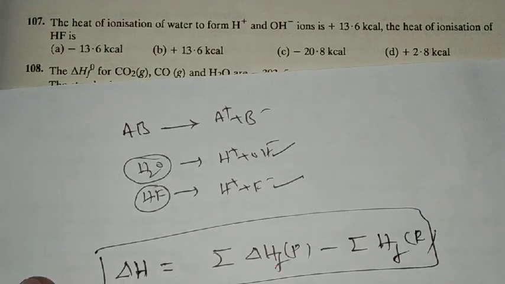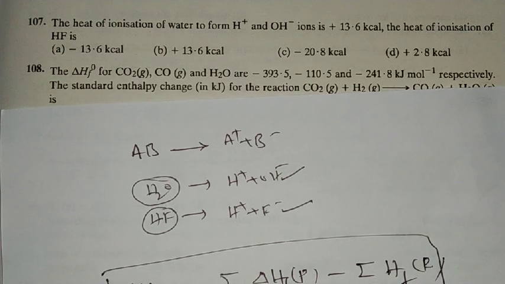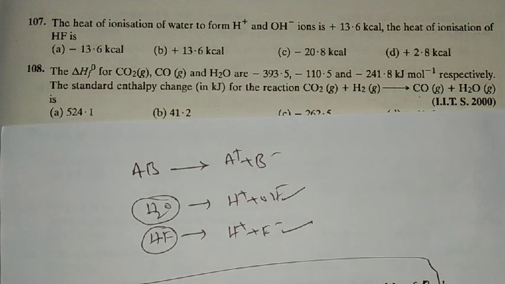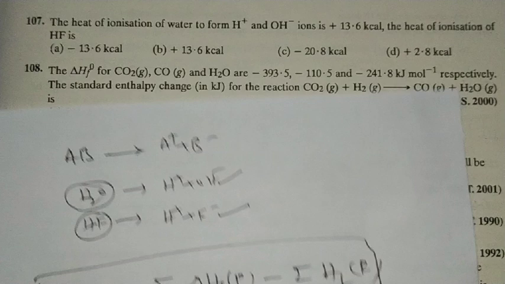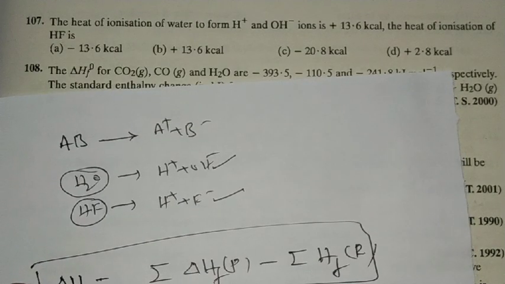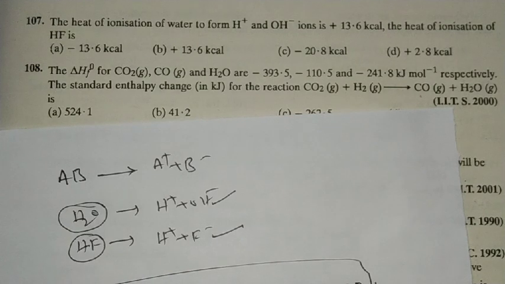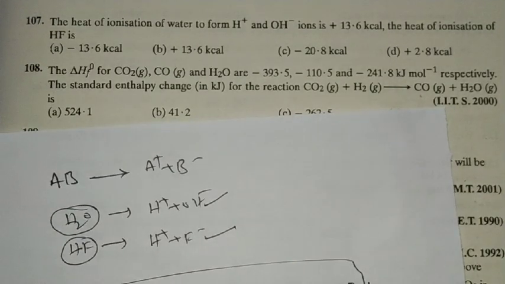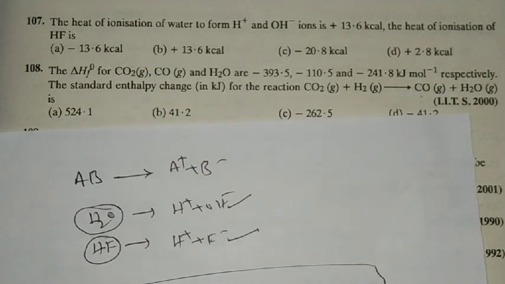That means this is equal to delta HF of CO plus delta HF of H2O, products, minus reactants CO2 and H2. That means delta HF of formation of CO2 plus delta HF of formation of H2. These are reactants.